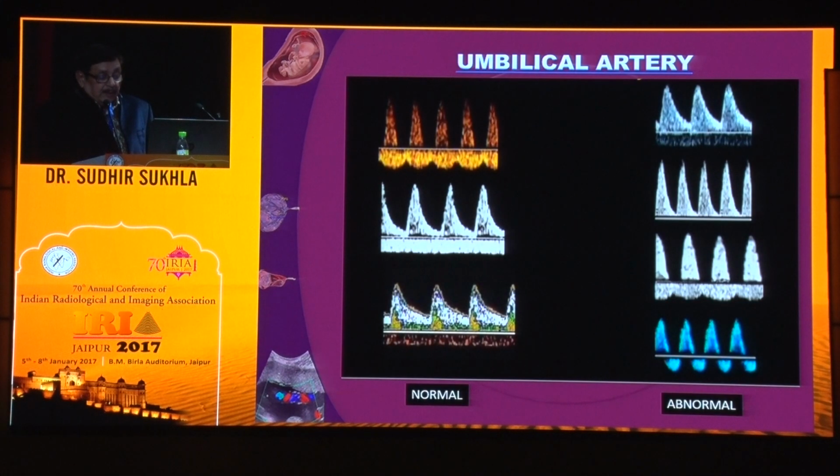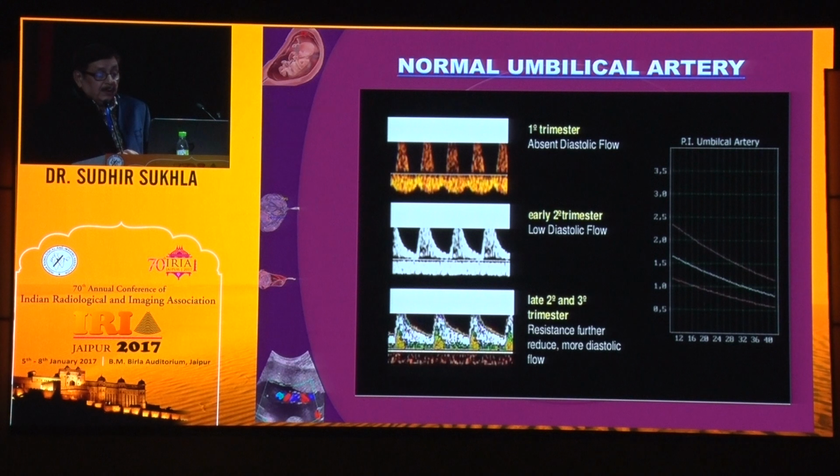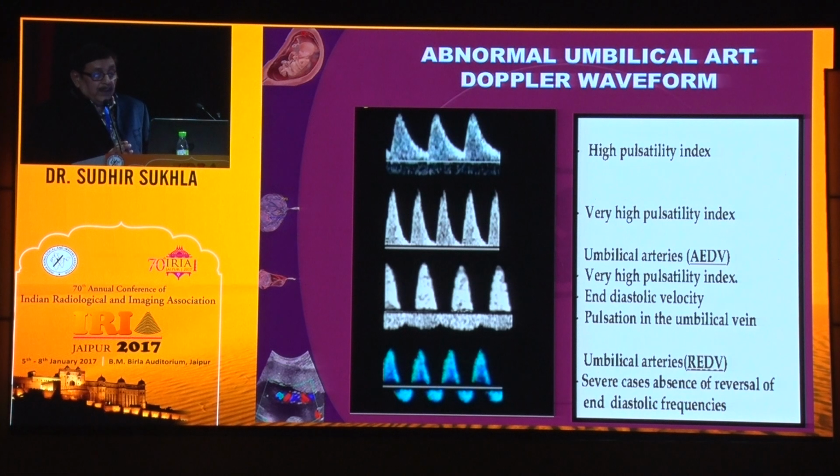Normal umbilical artery, you see no diastolic flow in the early first trimester, then you see a little diastolic flow, and in the second trimester you get good diastolic flow. This is abnormal: reduction in the diastolic component, further reduction, then absent, and you get a reversal also.